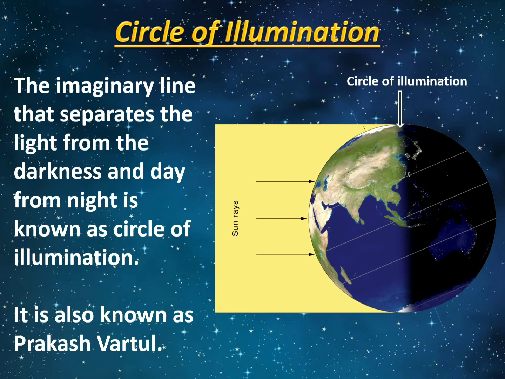It's a line, and that line separates the day from the night, the darkness from the light. That line is called the circle of illumination, and it is also known as Prakash Vartul.